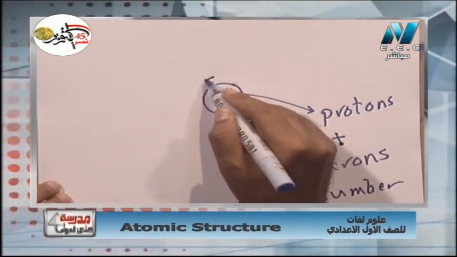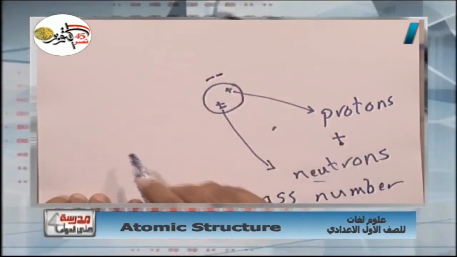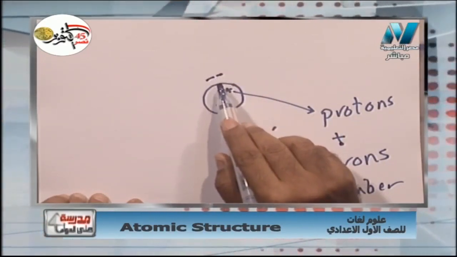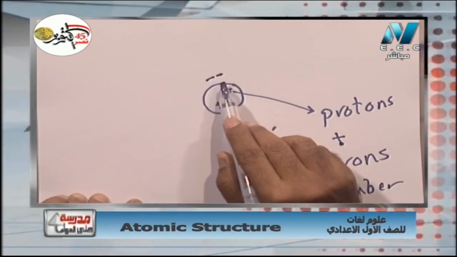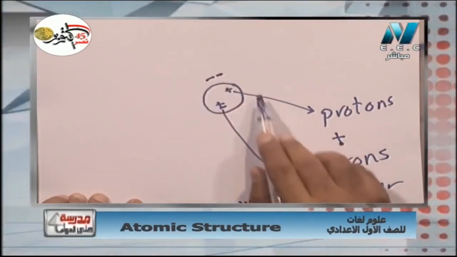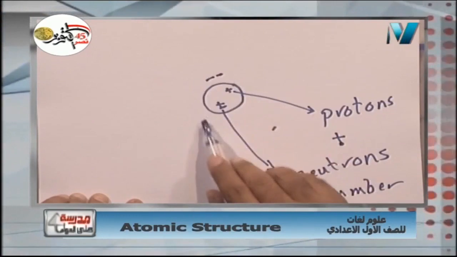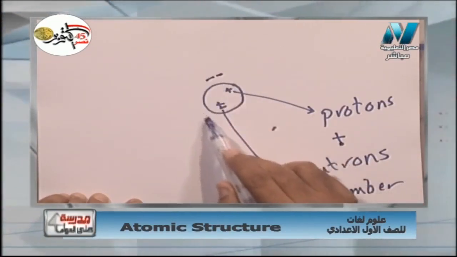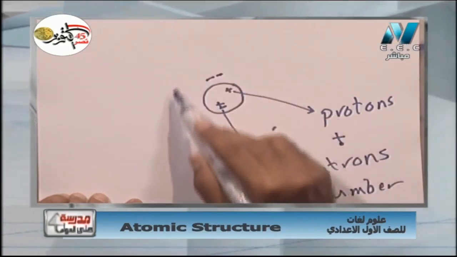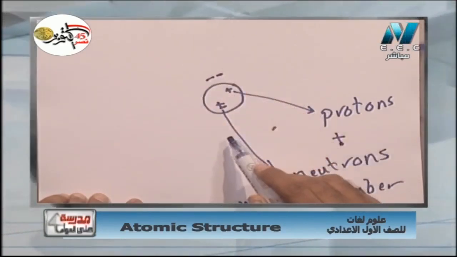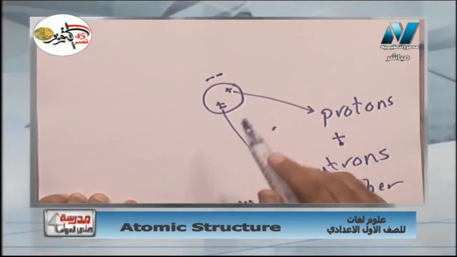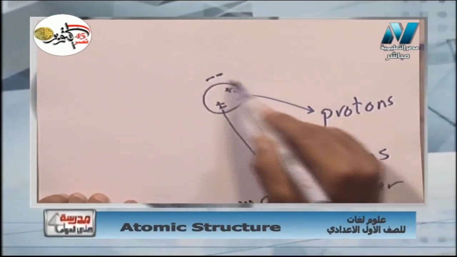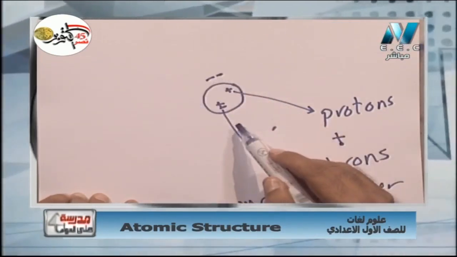Number 2, electrons. Electrons are negatively charged particles that revolve around the nucleus at very high speed. So you imagine that there are some circles around the nucleus, but in fact there are no circles, but there are electrons that revolve with high speed around the nucleus.